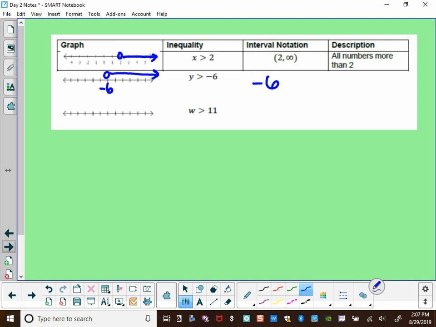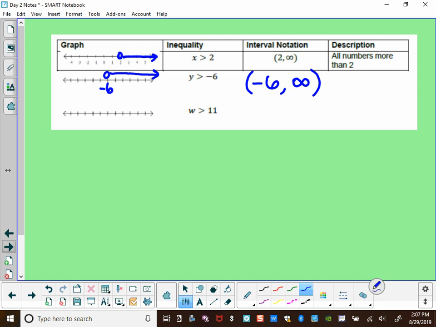We started at -6 and we went to where? Infinity. Will I have a bracket or parentheses on my -6? Parentheses because it's an open circle. What about on my infinity? Parentheses, because it's an open number.